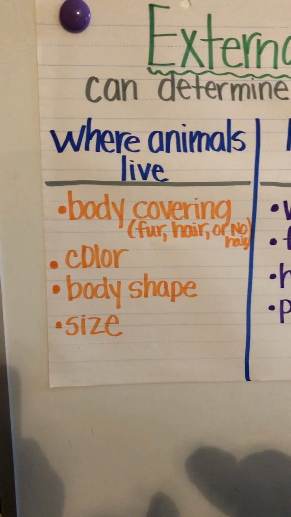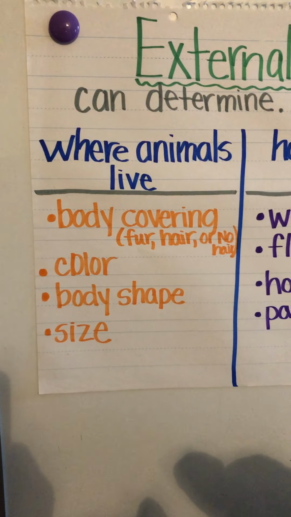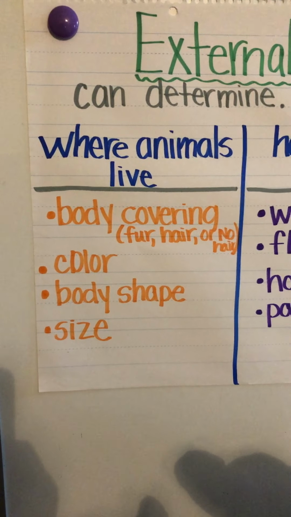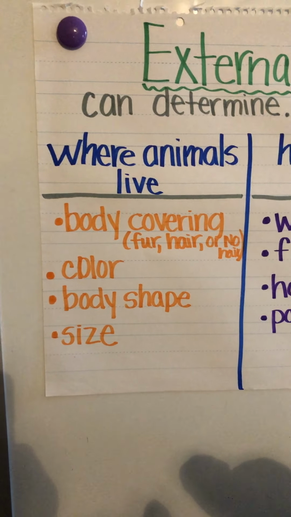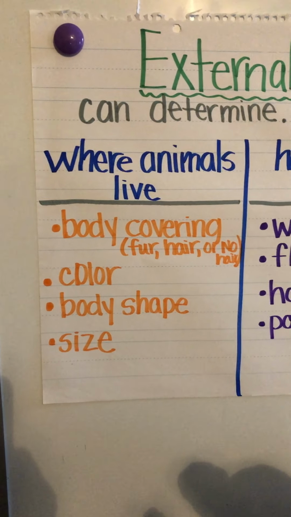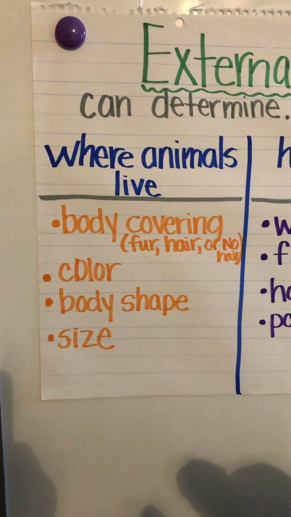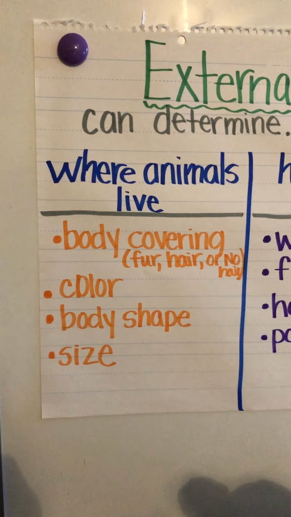What about the color? Color is very helpful in their surviving and where they live, right? Would a white polar bear survive very well in the green forest? No, they would stick out so easily, right? So say, for instance, like I was bringing the white fur, polar bears, they're white.